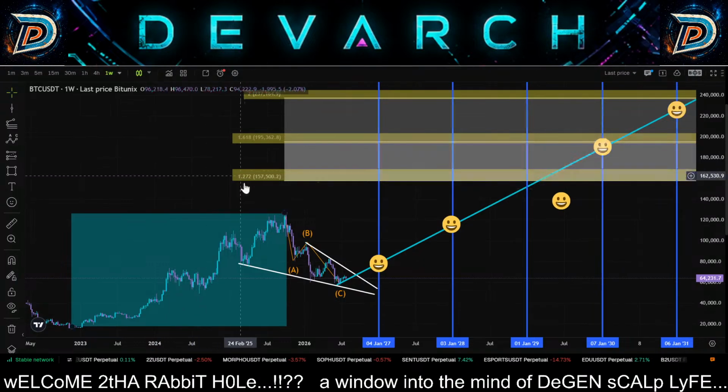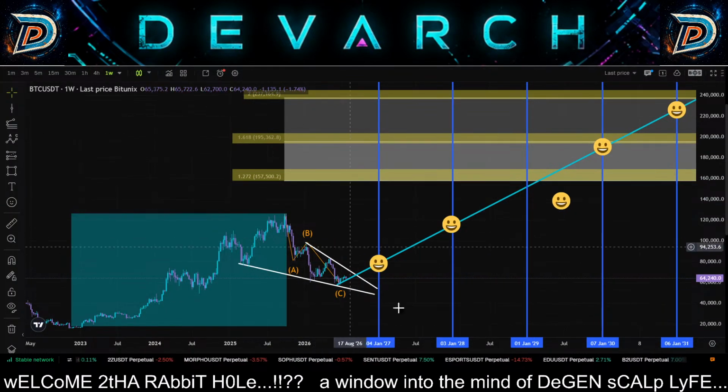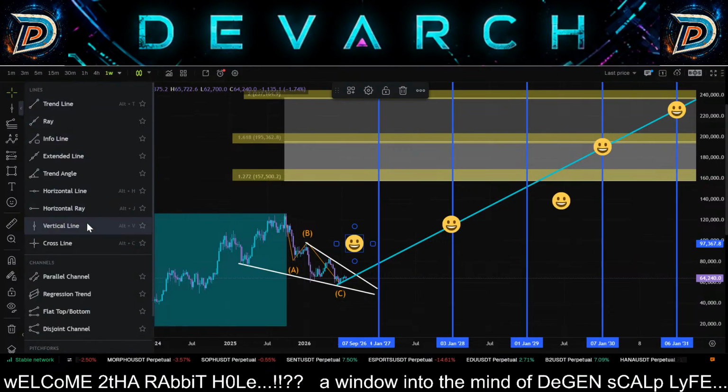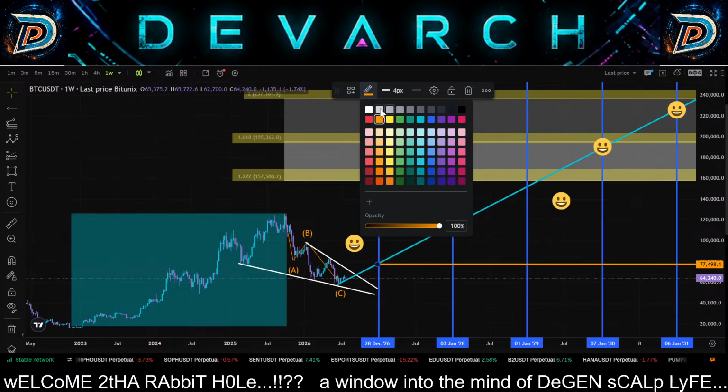Okay, so our weekly outlook to 2031, if we break out at current zones in this wedge, and this is where I move that to this side, these in white.